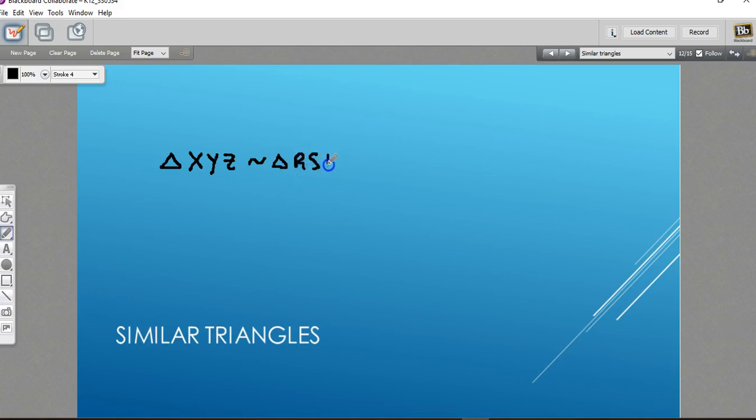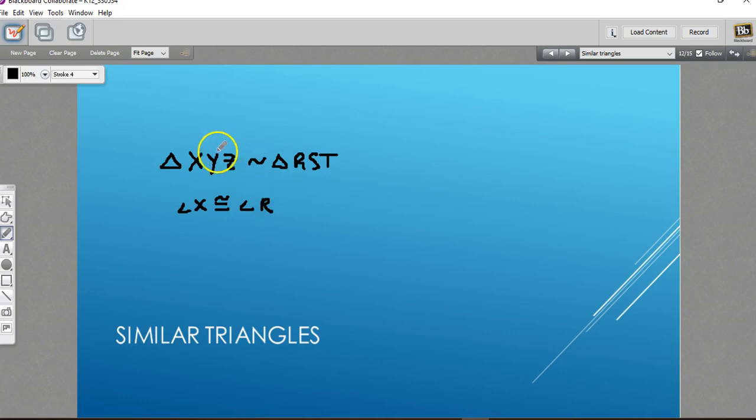You've got to determine which parts are congruent to, I mean, similar to which parts. Now remember, angles are going to be congruent even though they're similar triangles, right? We talked about this. So we know that angle X, for instance, is congruent to angle R.